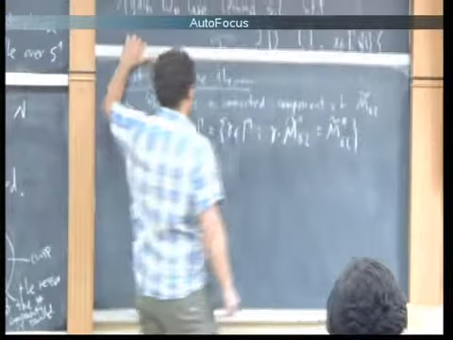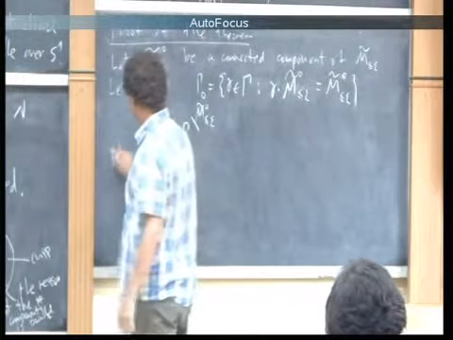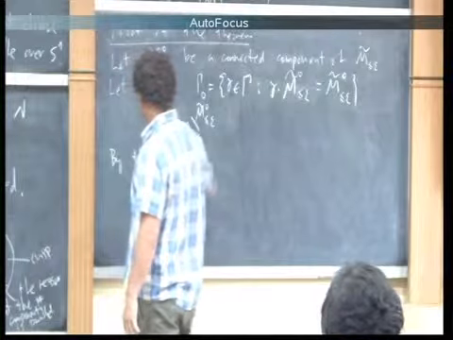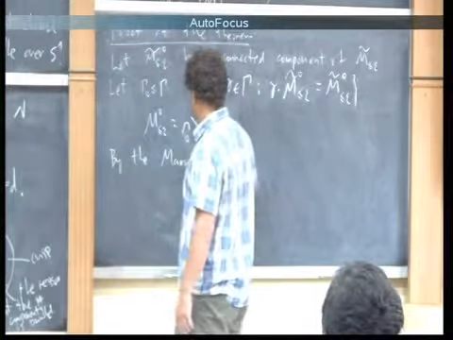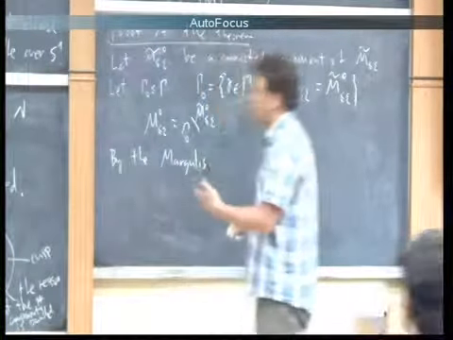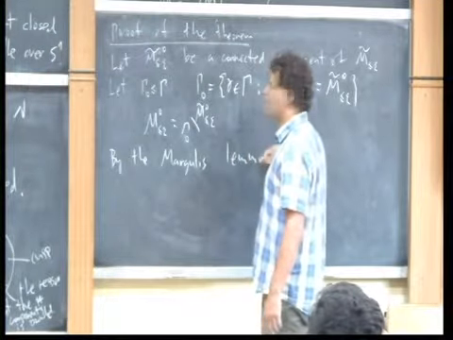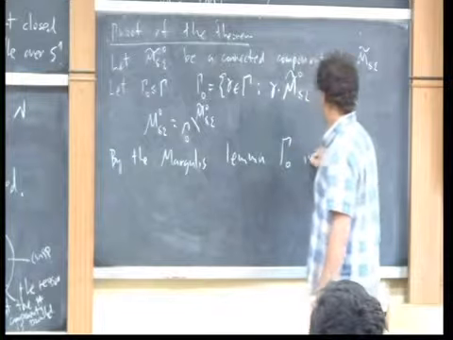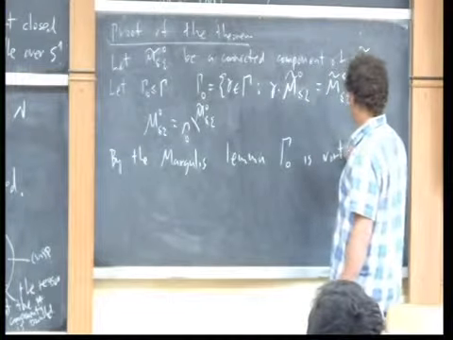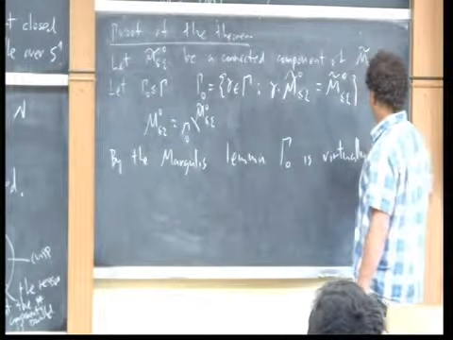So by the Margulis lemma, even the weaker version of the Margulis lemma, gamma naught is virtually nilpotent.